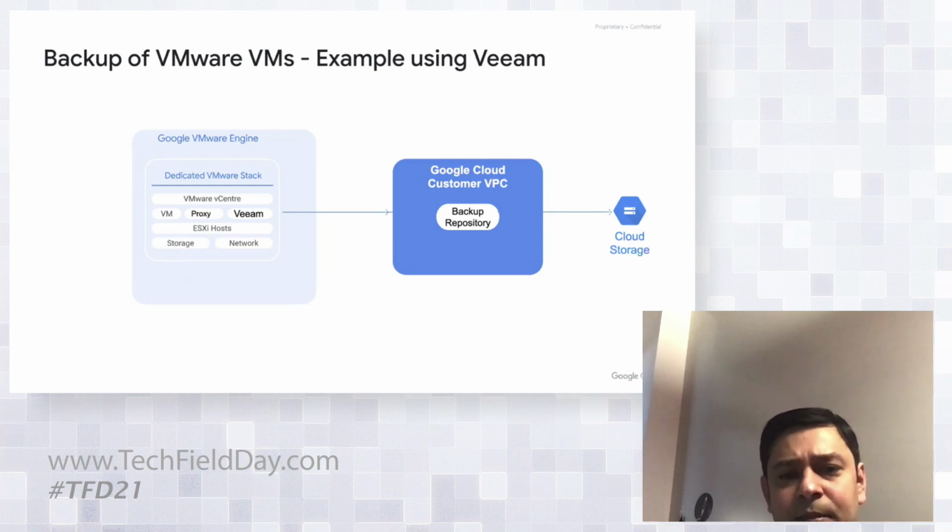So it requires some best practice, some advice, which we have captured in our documentation and solution, and we are making it available to our customers so that they can have some guidance on how to deploy a solution like this.